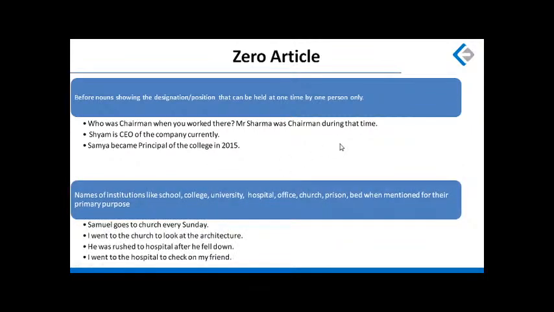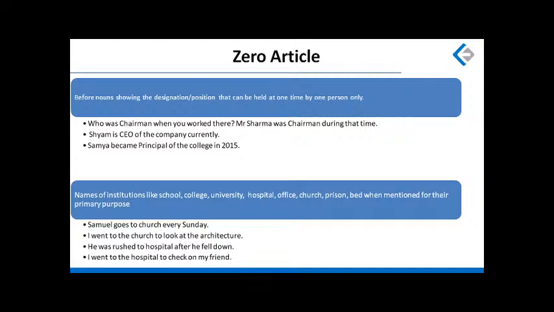Names of institutions. Institutions such as schools, colleges, universities, hospitals, when they are mentioned for their primary purpose, there again you don't use any articles. "Samuel goes to church", not "the church". If you say he goes to church every Sunday, you are implying that he goes to the church to pray.